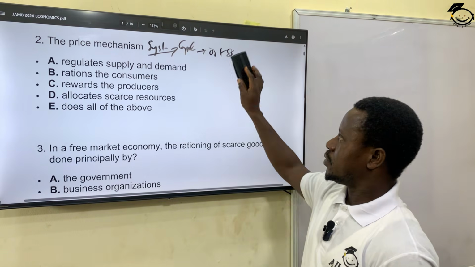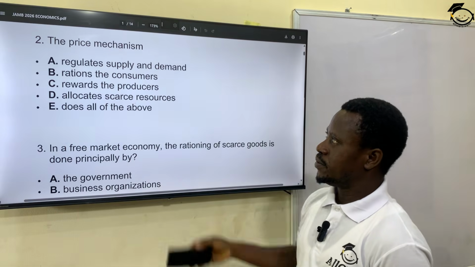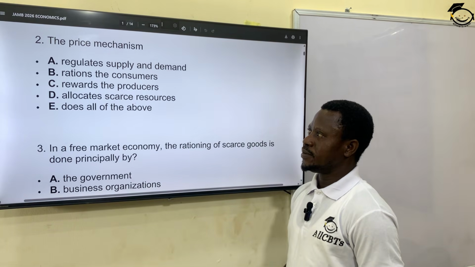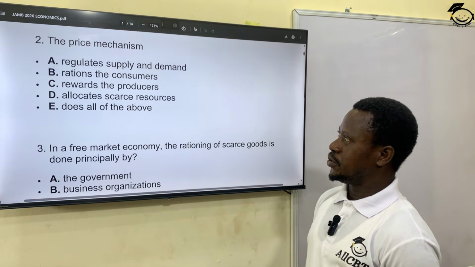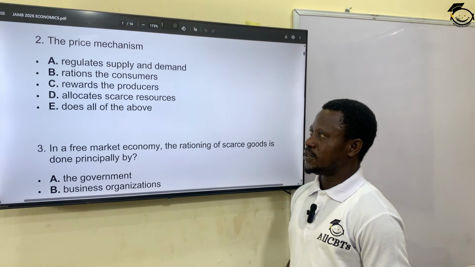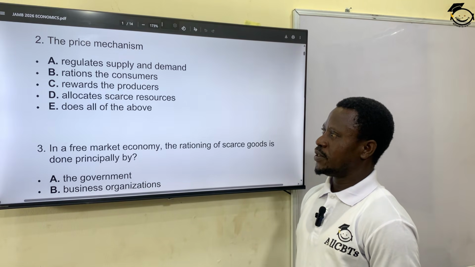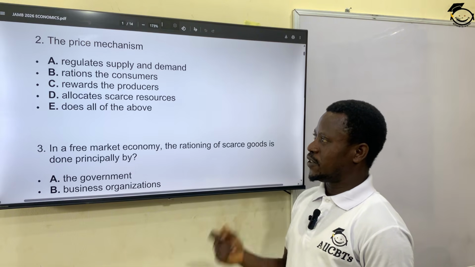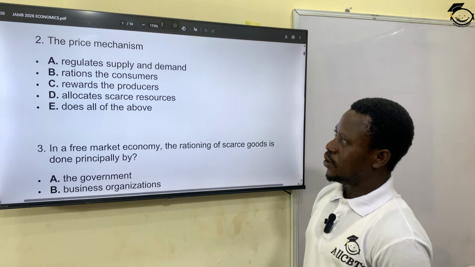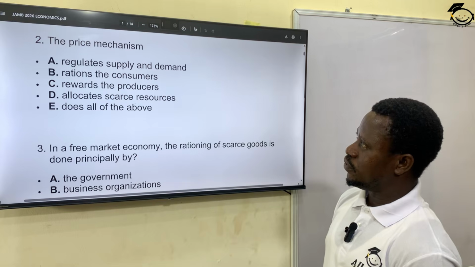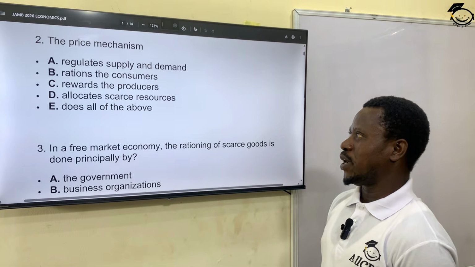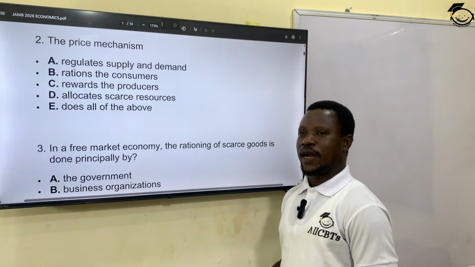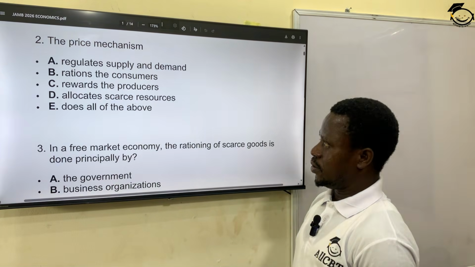So the price mechanism: A, regulates supply and demand, B, rations the consumers, C, rewards the producers, D, allocates scarce resources, E, does all of the above, where particularly it regulates supply and demand. All right, A.